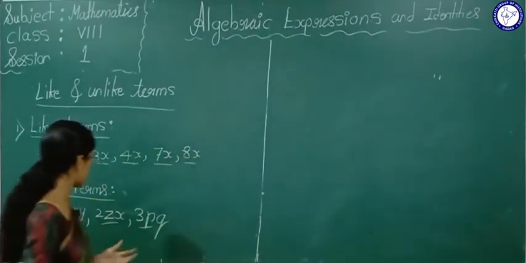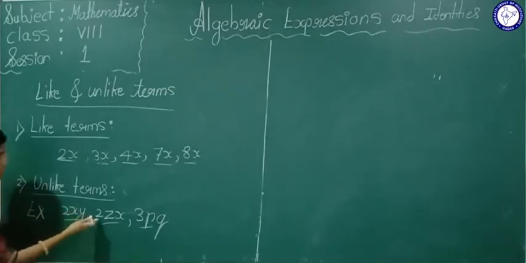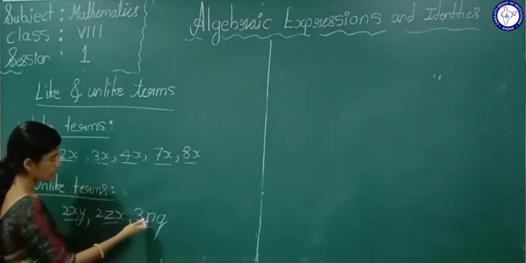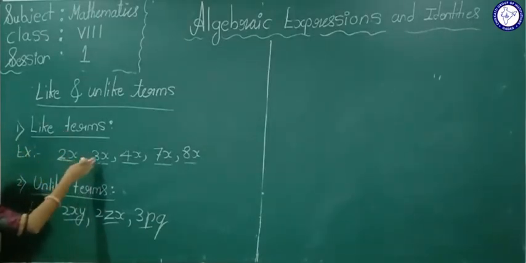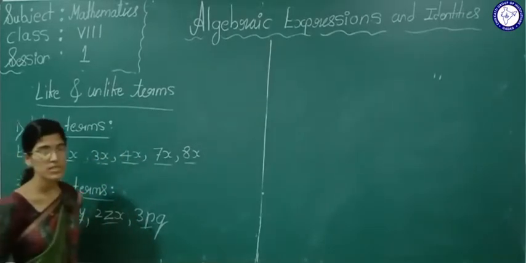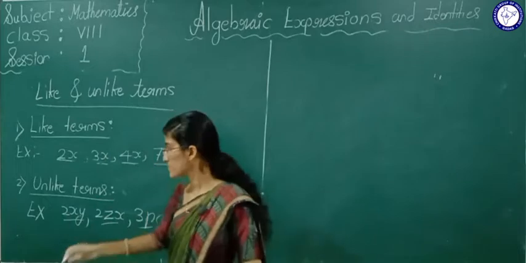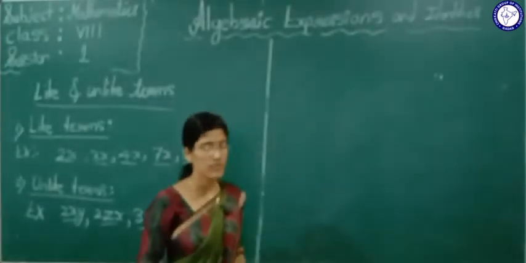So this is an example for unlike terms. Now see here 2xy, 2zx, 3pq, these all are unlike terms. Okay, like terms means terms having the same variable. Terms having different variables are called what? Unlike terms.